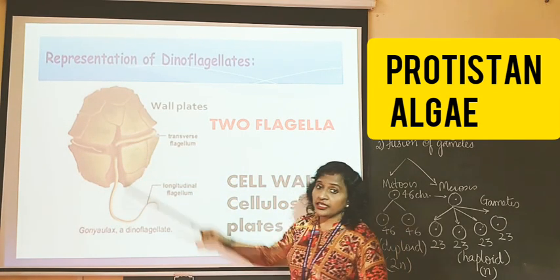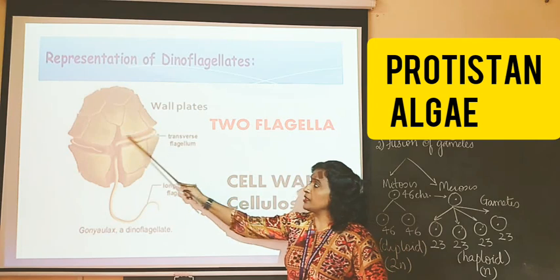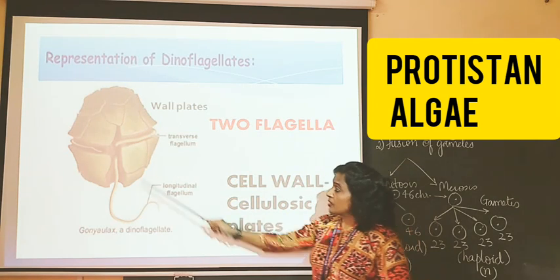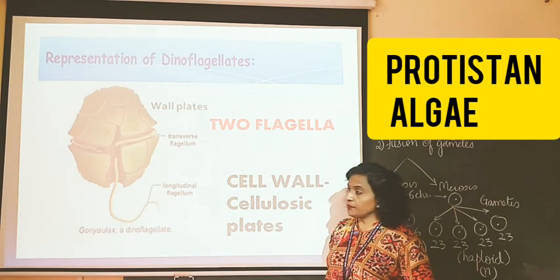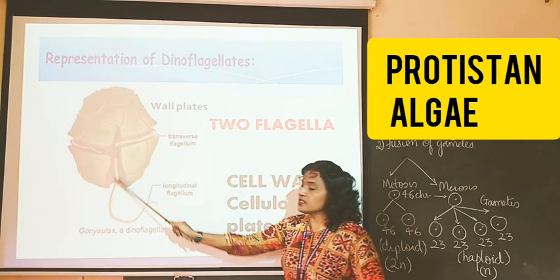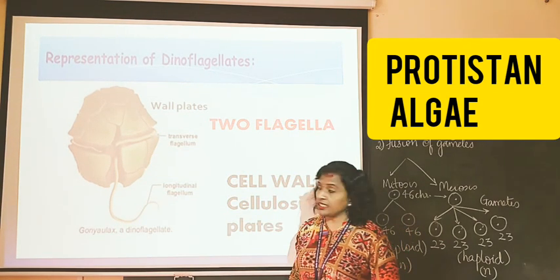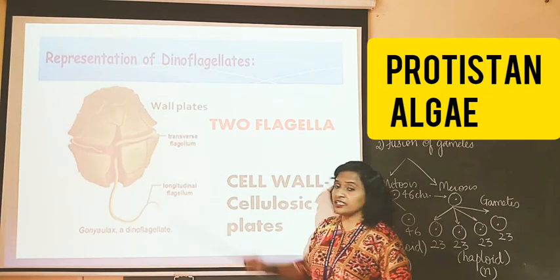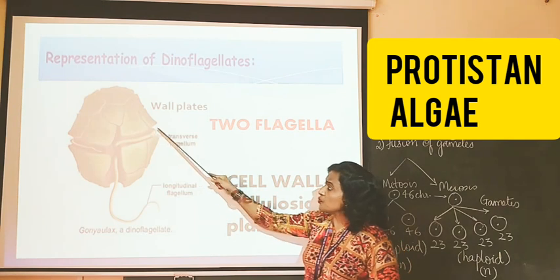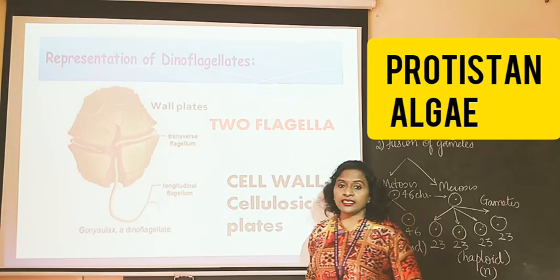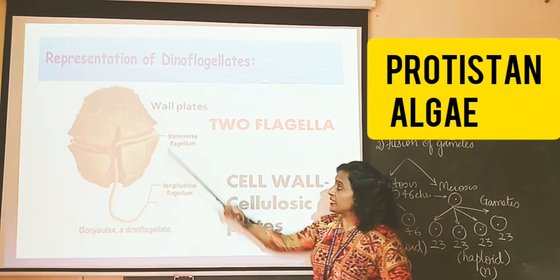In this furrow, there are two flagella present. One is called the longitudinal flagellum, which arises vertically in the furrow, and the other one is called the transverse flagellum, which aligns in the horizontal way.